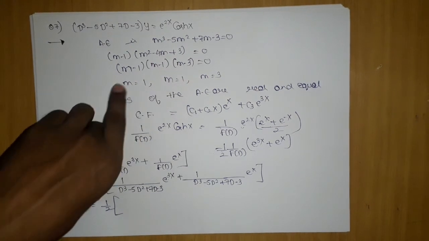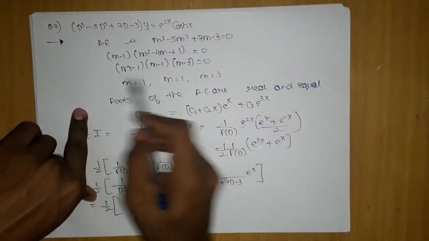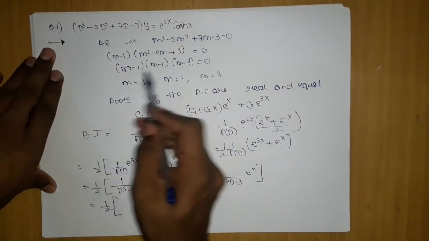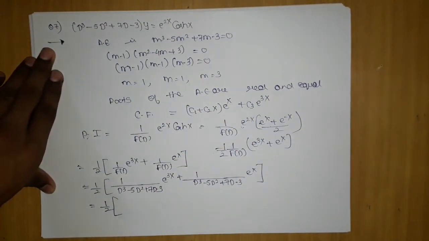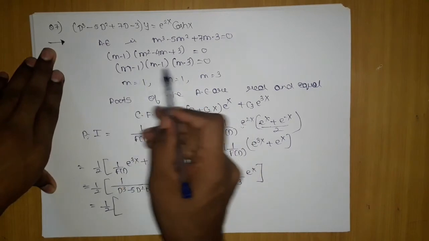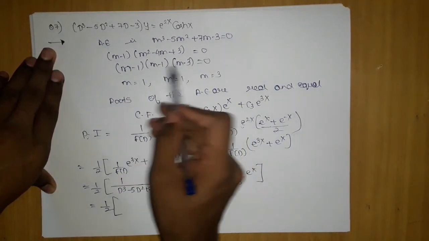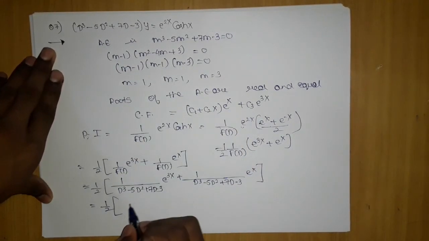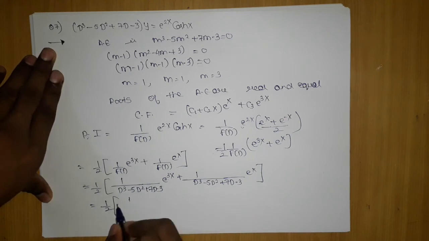That is one more trick I forgot to mention: when you get the roots, those roots are the only possible values where f of D can be 0. So you don't need to put the values and check, just check whether the e power ax has any of these values. Here 3 is a root, so I know it is going to be 0, so I am going to differentiate it.